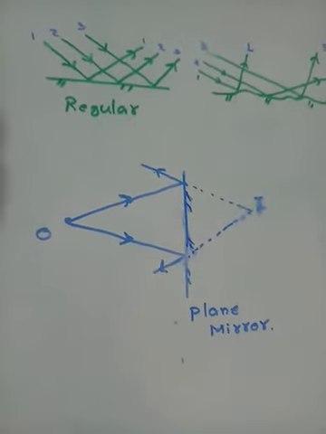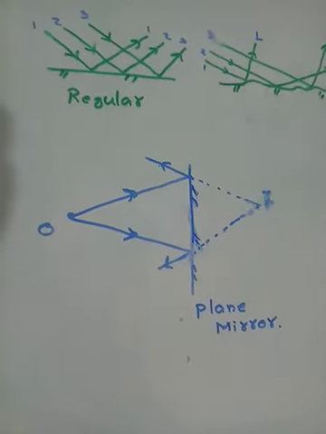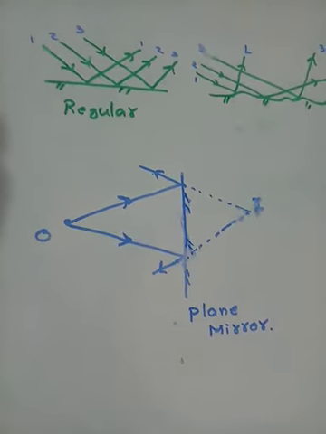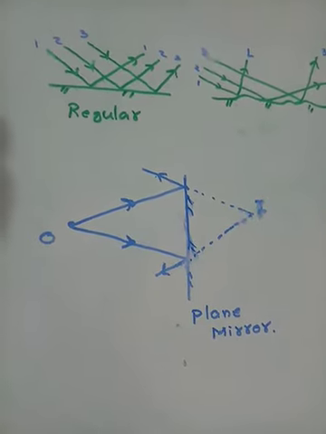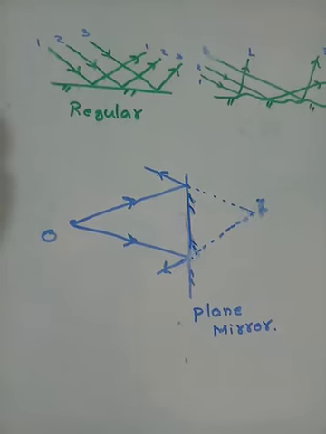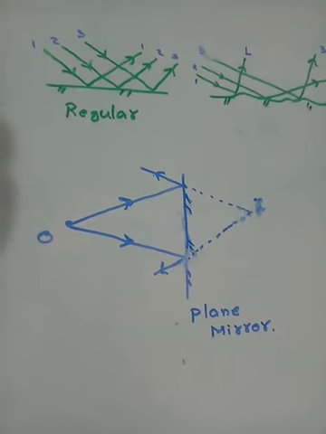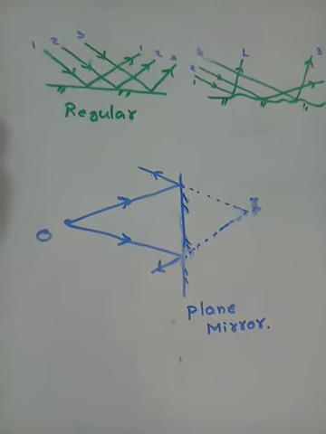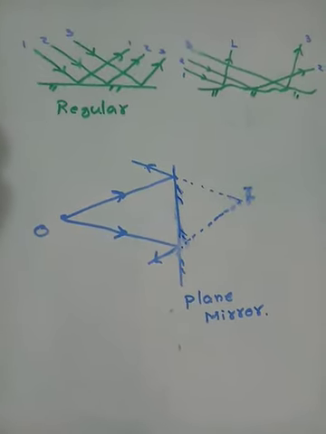Now, you can see that point O. What is that point? Because the rays of light are coming out of it, it is an object. And now just see how the rays of light behave after they fall on the mirror.